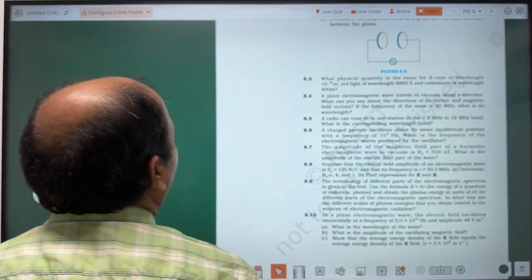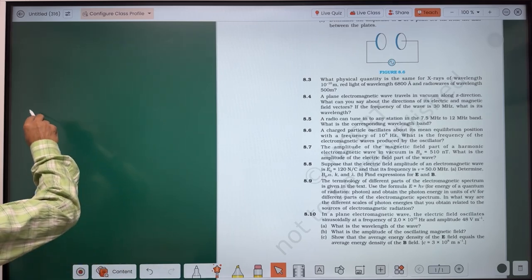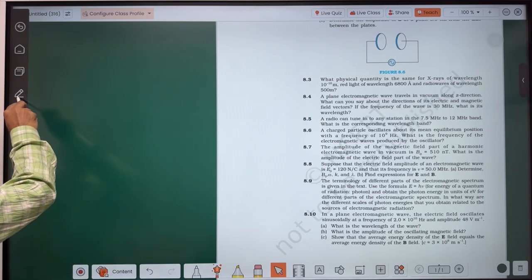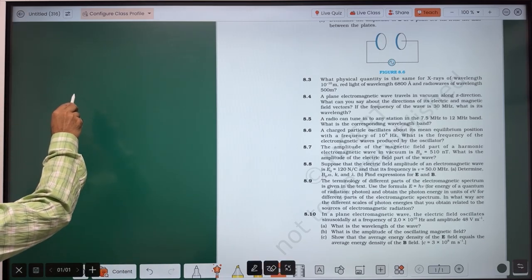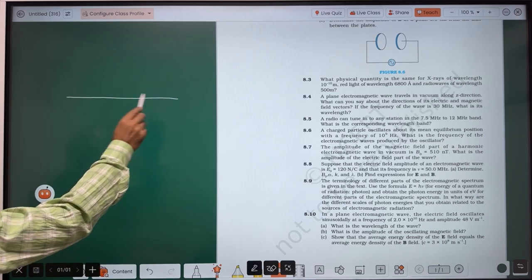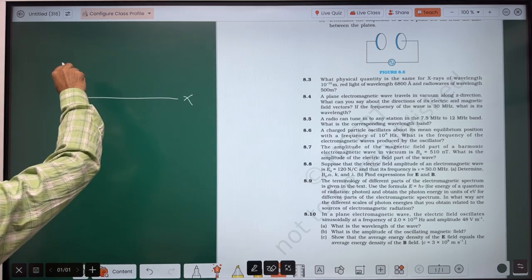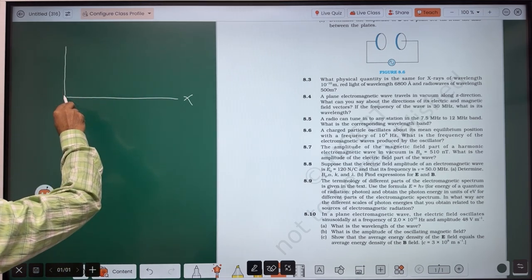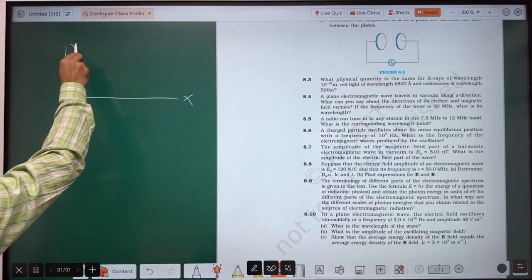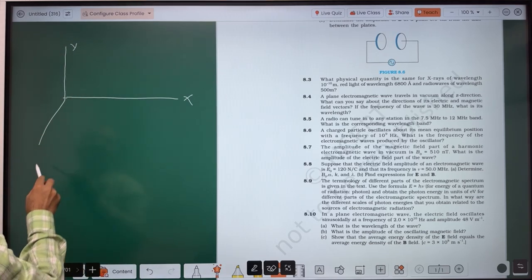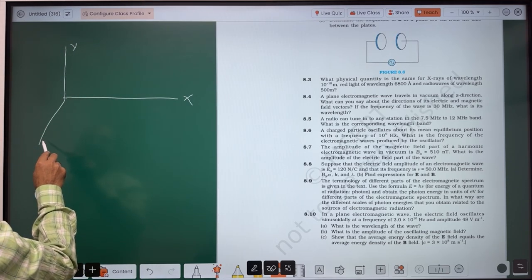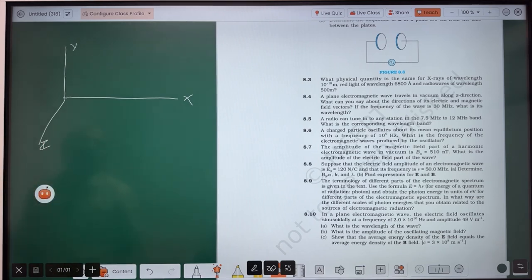What is its wavelength? Okay, if you remember, when the wave is traveling along x-axis and electric field is along y-axis, then magnetic field will be along z-axis, right?